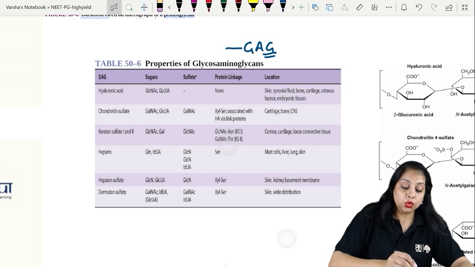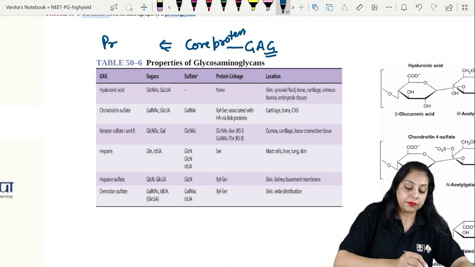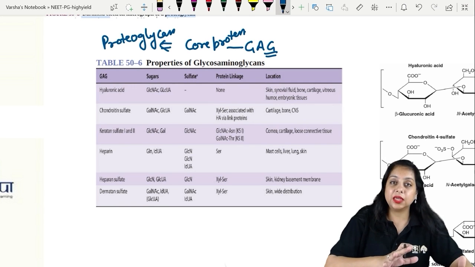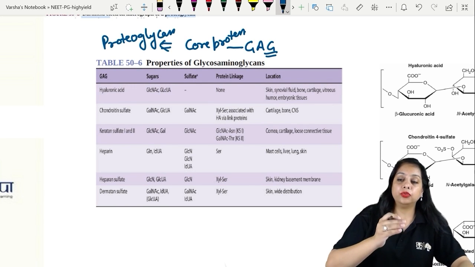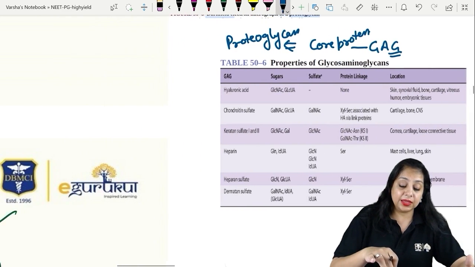If they join with a core protein, they make proteoglycan. This structure is very complex, and it is found in the basement membrane. When you have to make so much connectivity, it is found with collagen, elastin, fibronectin, like you find those proteoglycans there.